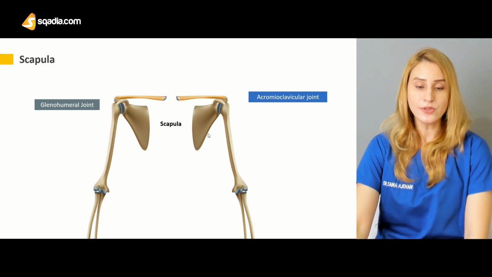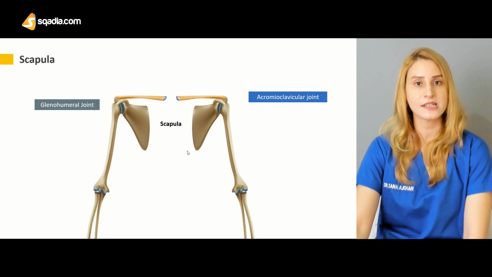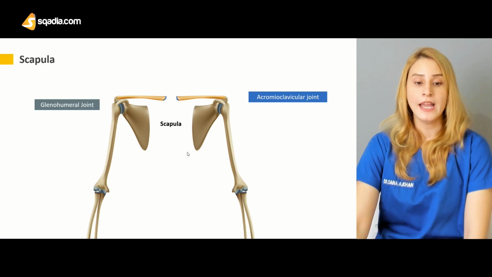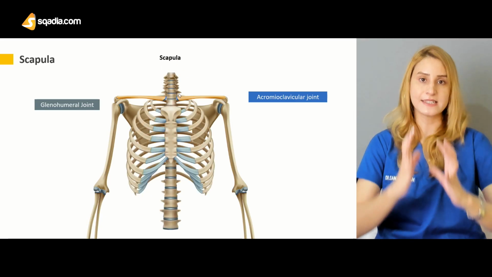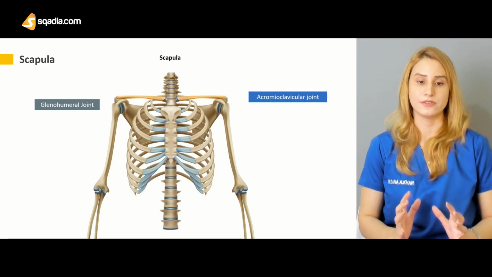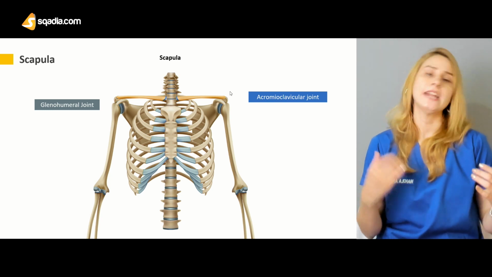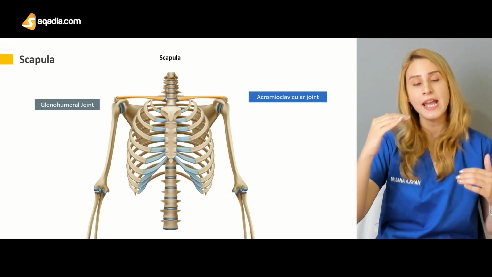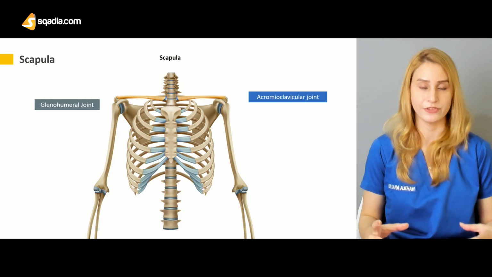Then you have the inferior angle and the medial border. I'll be discussing the borders and surfaces in detail. And then you have the whole axial skeleton in the center. When you talk about the scapula, its extent starts from the second rib and continues to the seventh rib.